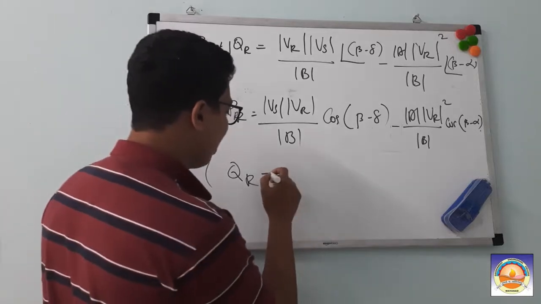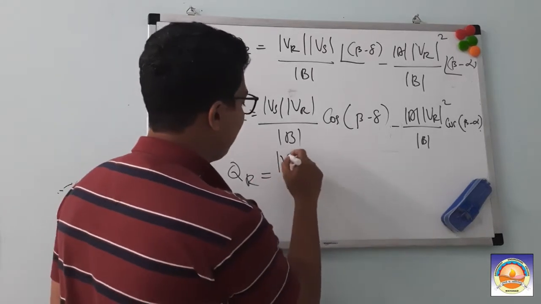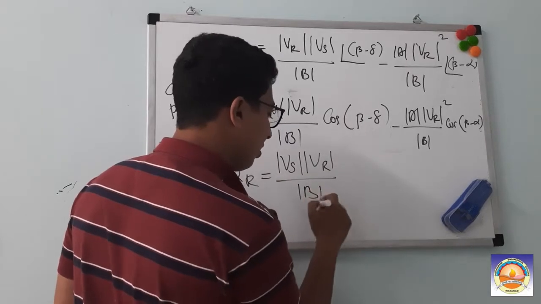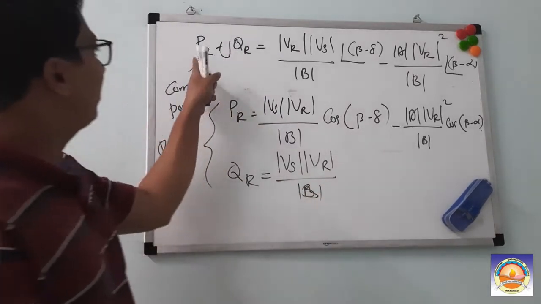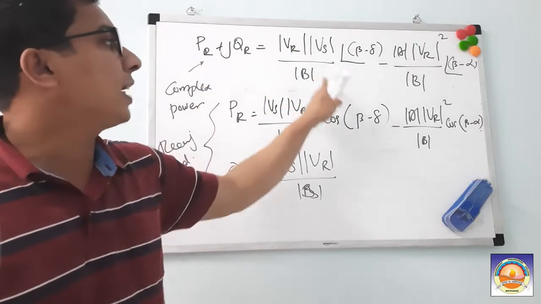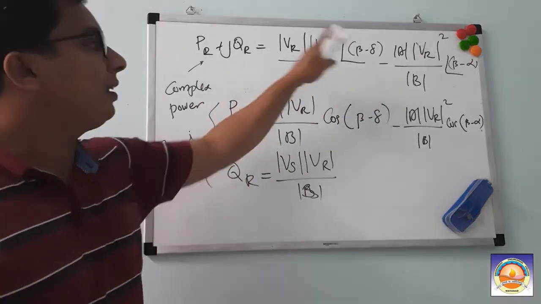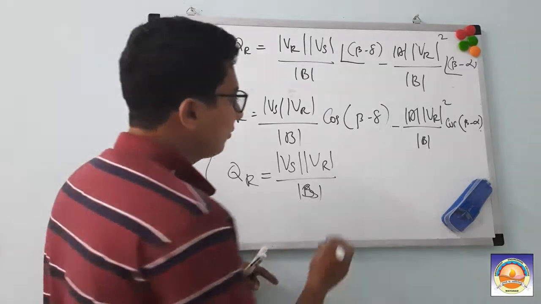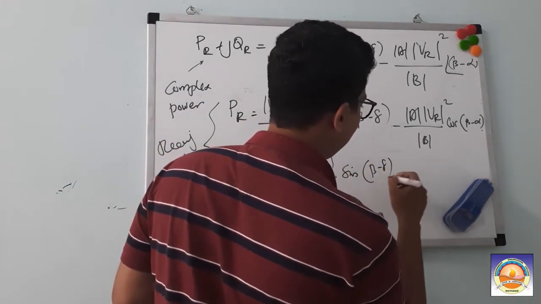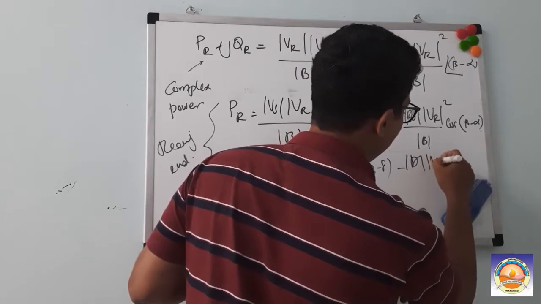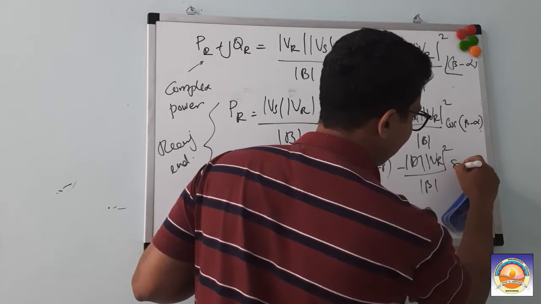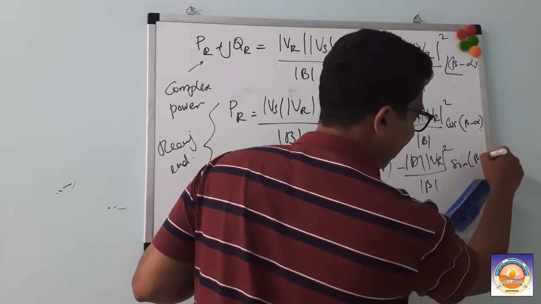So similarly, QR will be given by Vs VR divided by B into the sine component. In this complex number, the first part is the cosine of this whole thing, and the second part is the sine of this whole thing. So Vs VR by B into sine of beta minus delta, minus A VR square divided by B into sine of beta minus alpha.